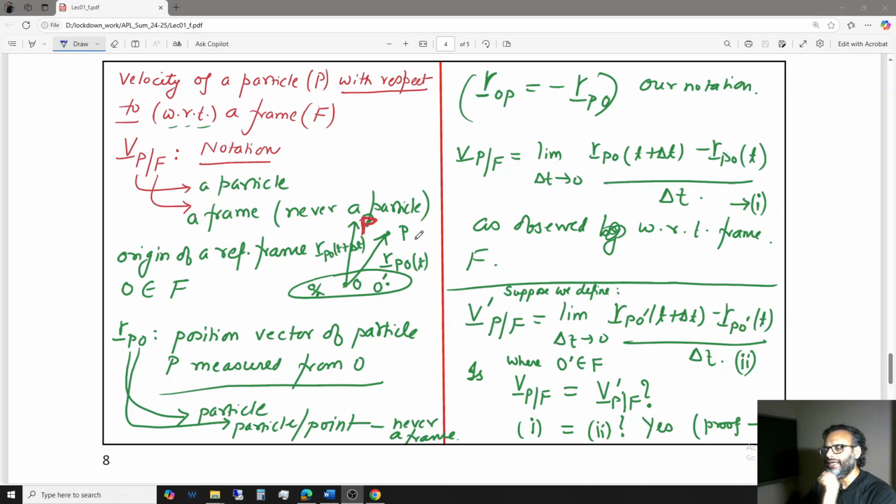So it is basically the small displacement the point P has undergone between time t and t plus delta t, as observed by who? As observed by this observer. We divide it by delta t and we let the limit go to 0. That is what VPF is. That is the definition of VPF as observed with respect to F.